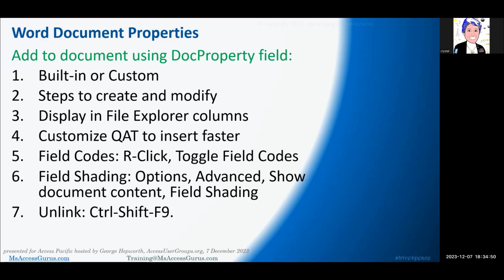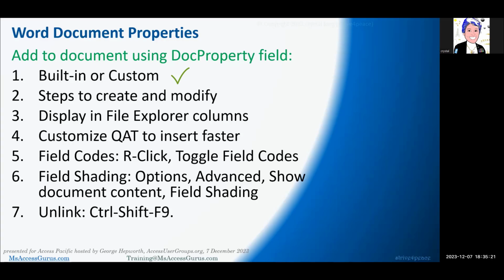Some of the things I'm going to show you are, I already talked about the 2 types of properties, built-in and custom. I'm going to show you steps to create and modify them in Word, so then you can appreciate how smooth Access is. I'm going to show you how to display them in File Explorer columns. I'm going to be using, at one point, my Quick Access toolbar to insert a field faster when I'm in Word.